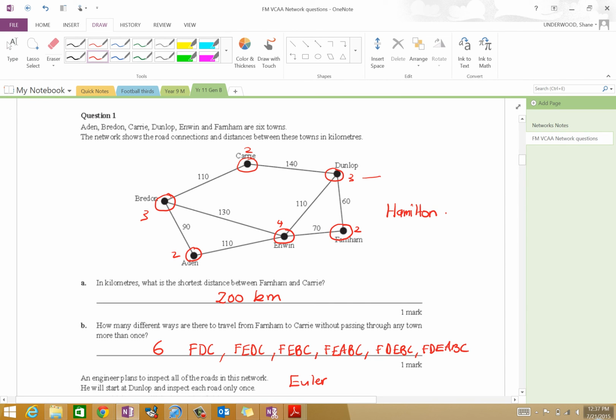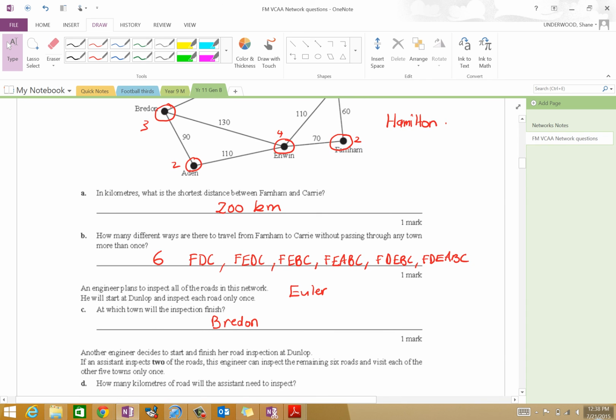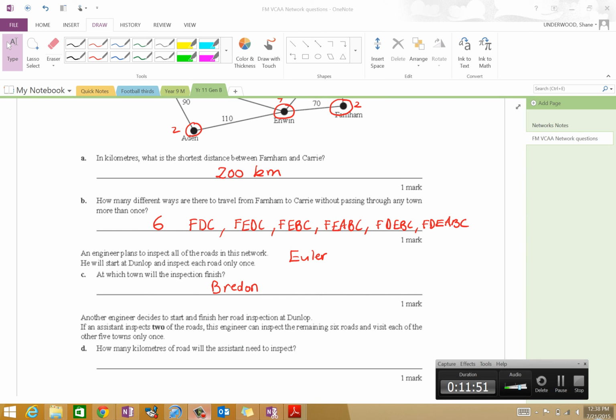Start and finish at Dunlop. Now they've got to go through every road. Can they cross? So we have to read it. How many kilometres of road will the assistant need to inspect? I'm going to pause it there, and I'd like you to have a go.